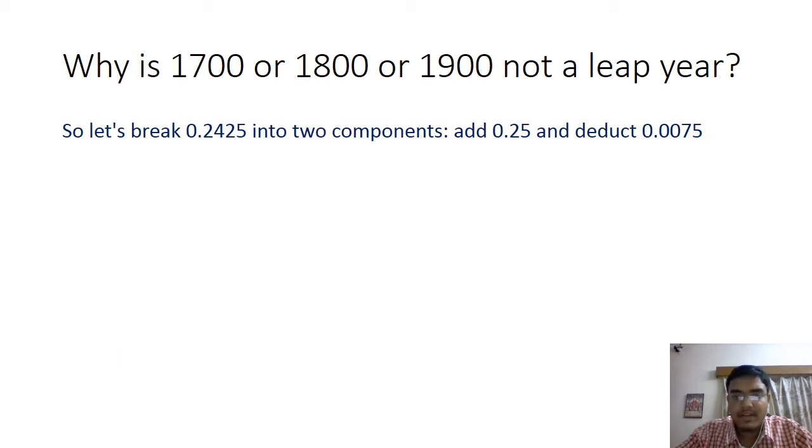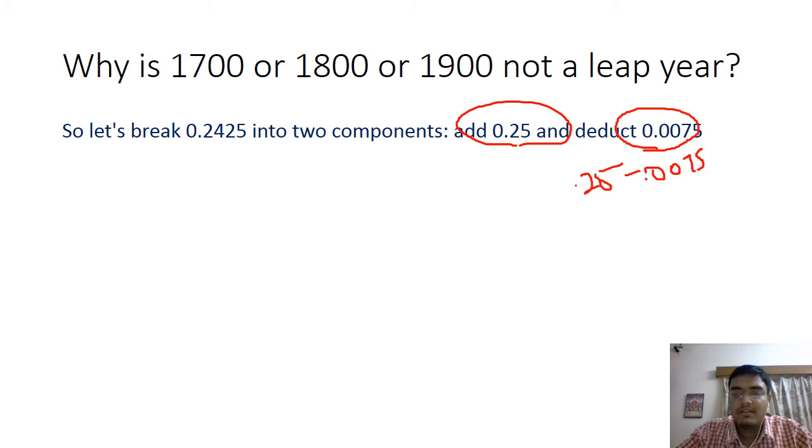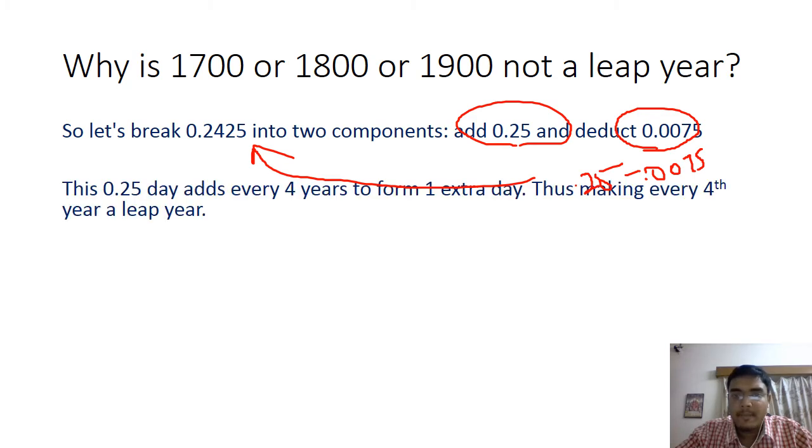Now what were those parts? 0.25 minus 0.0075. If from 0.25 we subtract 0.0075, what will we get? We'll get 0.2425. So now what we are doing is adding this 0.25 for 4 years. In 4 years we'll have 4 times 0.25.